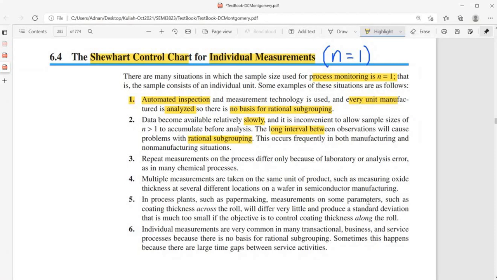The temperature might be different. So the best way is we just use individual measurement for the purpose of monitoring the process.